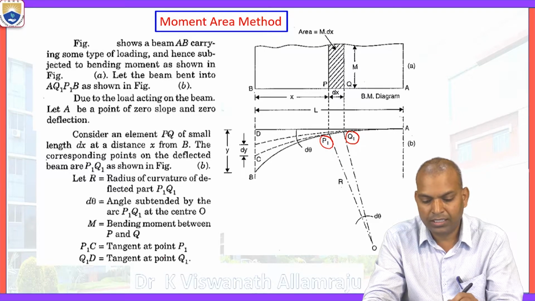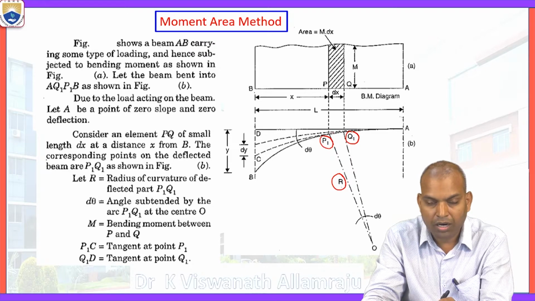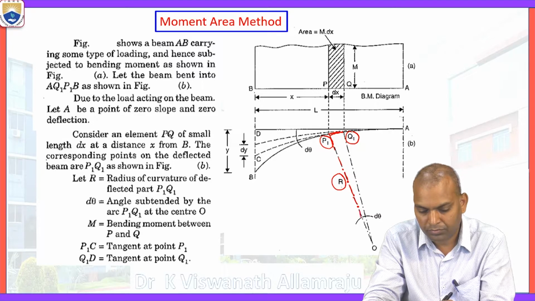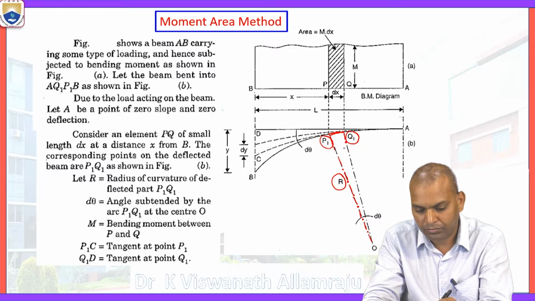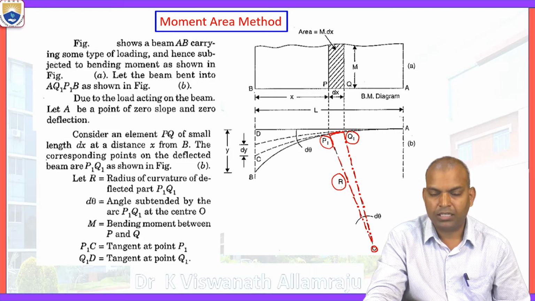Next, what is R here? This R is the radius of curvature of the deflected part P1Q1.